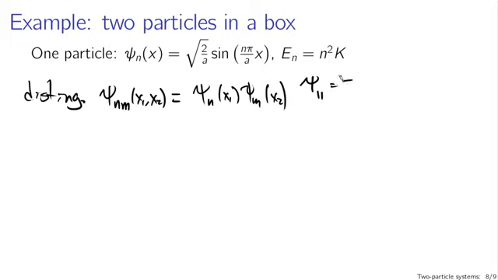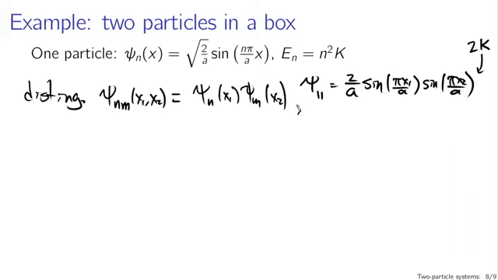In this case, my normalization out front is 2 over a, different since I've got the product of two separately normalized functions, times sine of pi x1 over a, sine of pi x2 over a. And it has energy, if I substitute 1 for the energy of one particle and 1 for the energy of the other particle, I'm just going to get k plus k. My total energy is 2k.